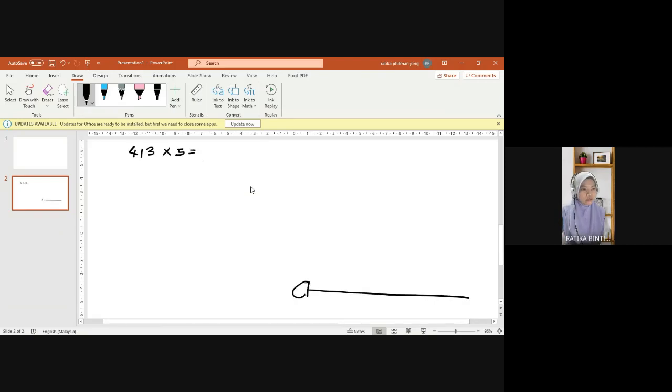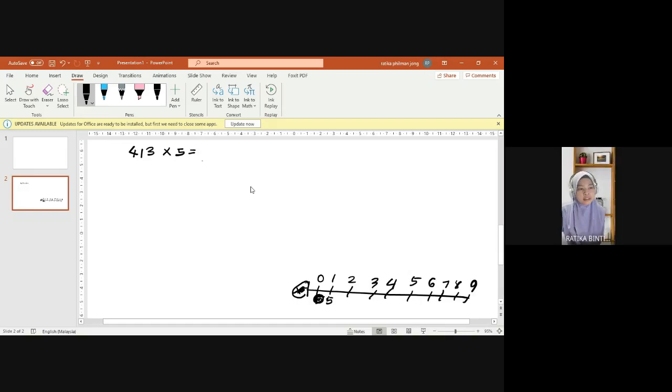Okay, so we are going to use zero 5, times 5. 0, 1, 2, 3, 4, 5, 6, 7, 8, and also 9. 0 times 5 is 0. 1 times 5 is? Who can tell me the answer? 5.